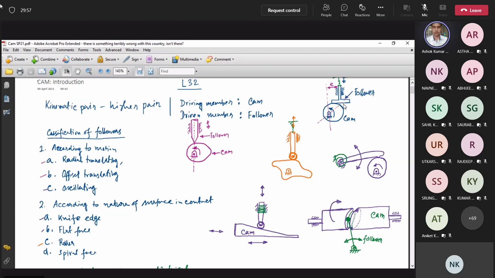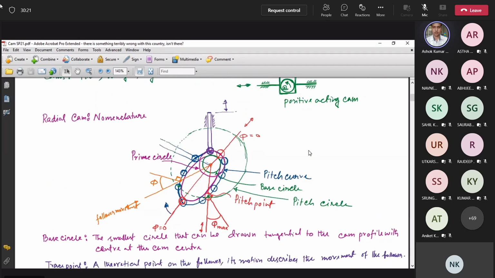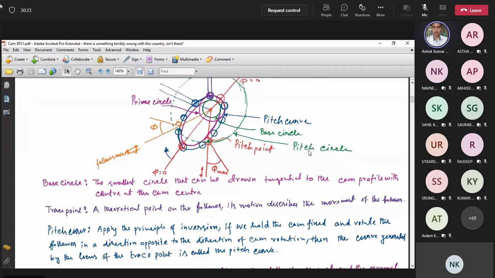So that point is not the trace point. We have to find a point which is the trace point. For inverted motion, at every instant you draw the position of the trace point. Then those trace points are connected, and a continuous curve is drawn. That is called the pitch curve.